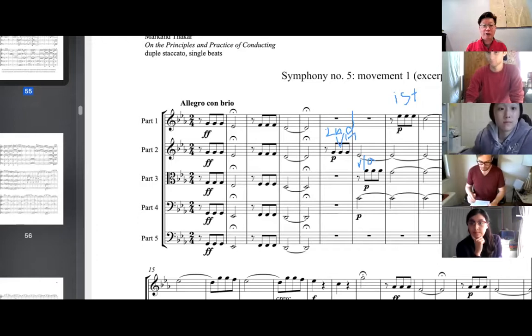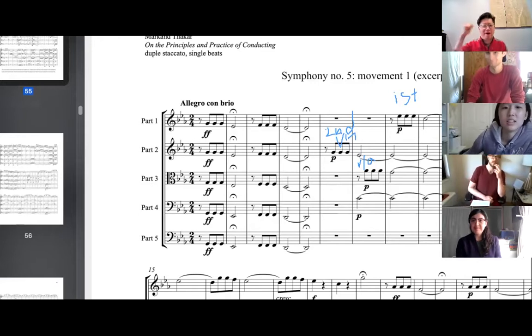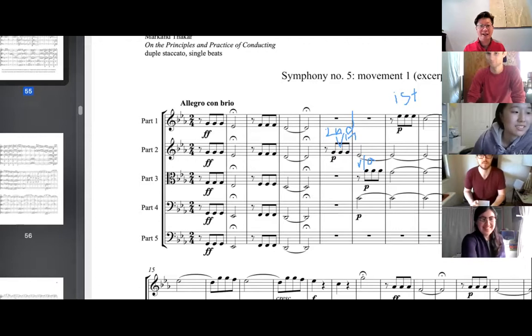The hypermeter idea is fought so vehemently among so many conductors because they think, oh, this is fate, this is the downbeat. Well, it sounds great, it feels great, but that's not the intent.